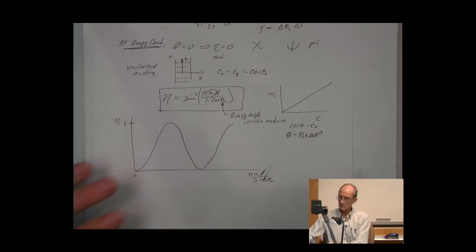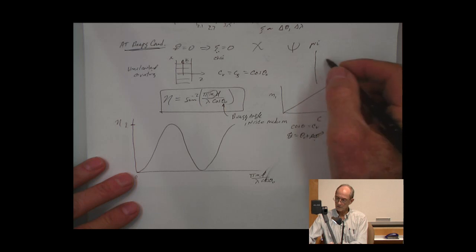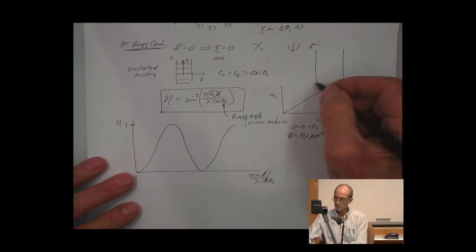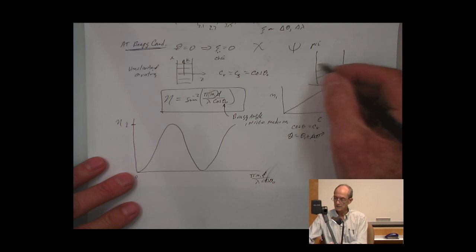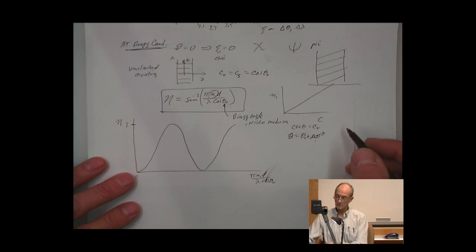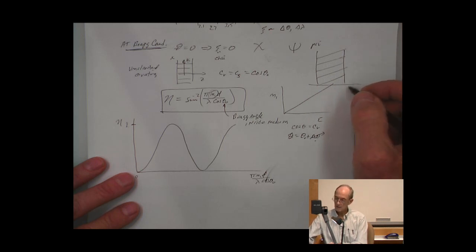So generally when you have a grading, all right, if it is slanted, if it is not unslanted, you're going to have this problem. So here's, again, x and z.